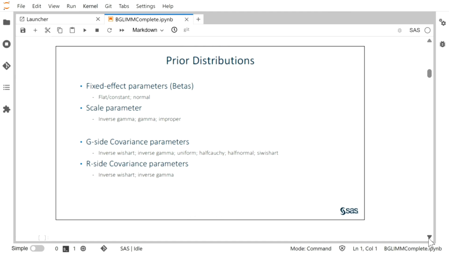We want to bring that information in and combine it with what's going on with my current data. And the nice thing is, even if I don't know anything, I can use what's called a non-informative prior. But the end result is that instead of getting a point estimate and a standard error, I get a posterior distribution on where I believe the parameter resides.